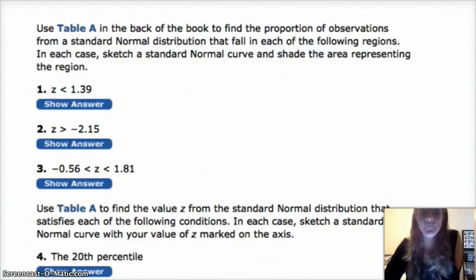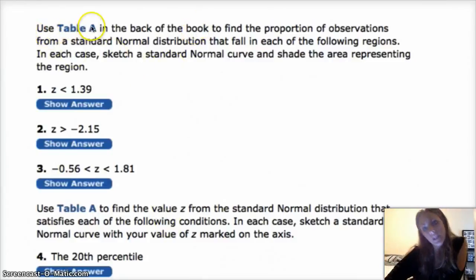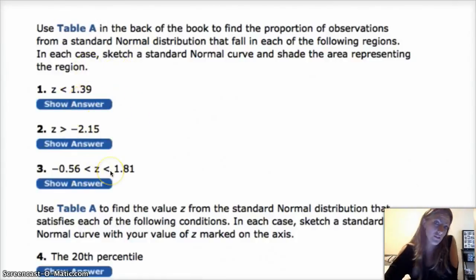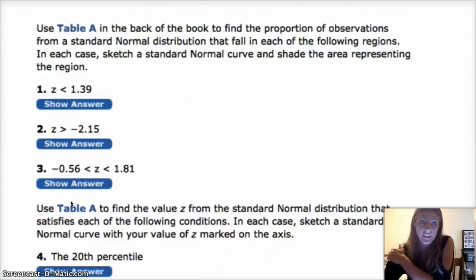Okay, anyways, moving on. So use table A or your calculator, whichever one you prefer. Actually, I'd love it if you tried it with both, so you can figure out which one you like. Go ahead and try these. I'm not going to explain how to do them, I'm just going to give you the answers. So pause it, try it, and then check your work.